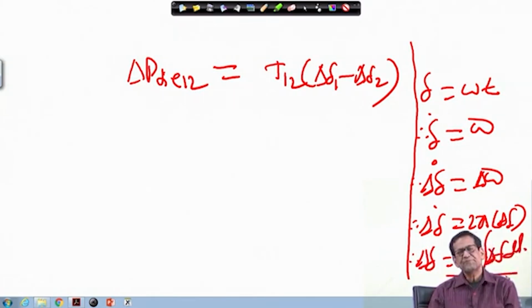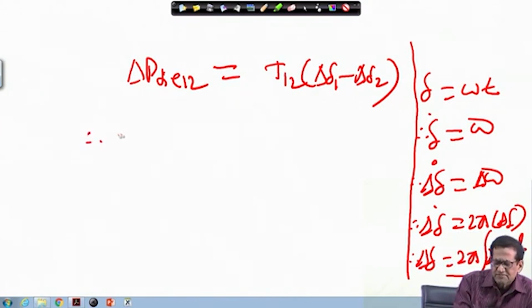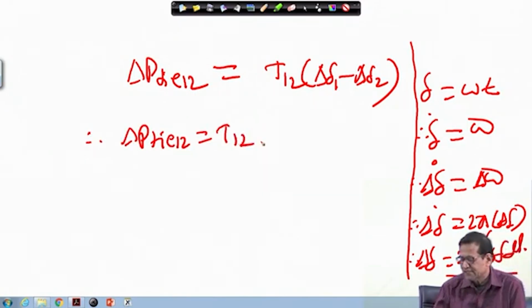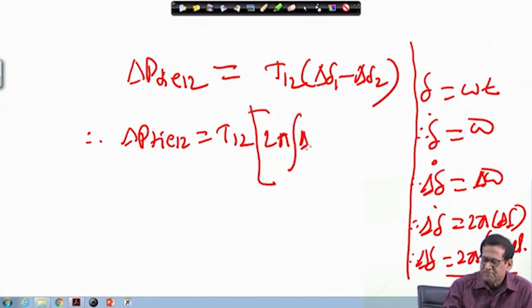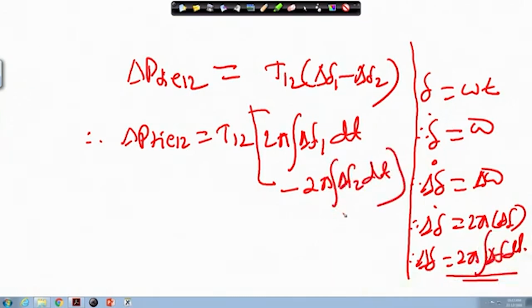This is the general thing. That means ΔP_tie12 is equal to T12, then Δδ1 I will write in the bracket as 2π integral of Δf1 dt, minus 2π integral of Δf2 dt.